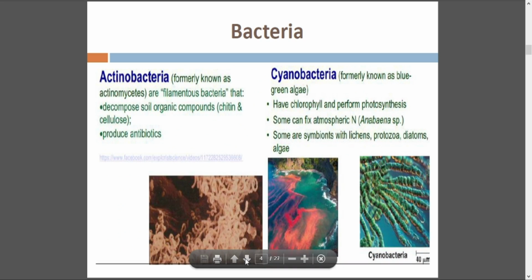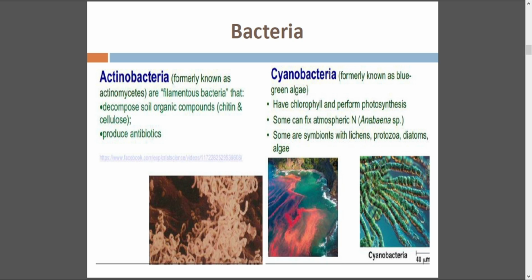We also have other types of bacteria, for example the actinobacteria that are normally known as the actinomycetes, and these are filamentous bacteria that decompose soil organic compounds, for example chitin and cellulose. These actinobacteria can also produce antibiotics.